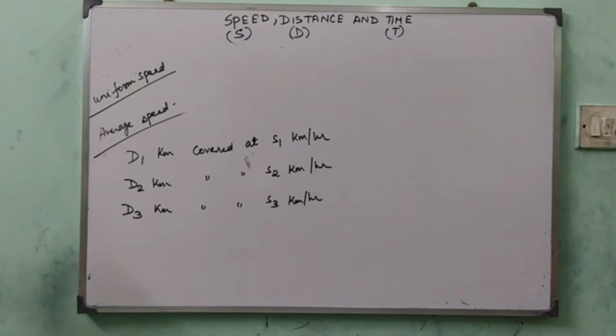Now what to do in this case? In this case the time is not given, and I have to find the average speed over here.